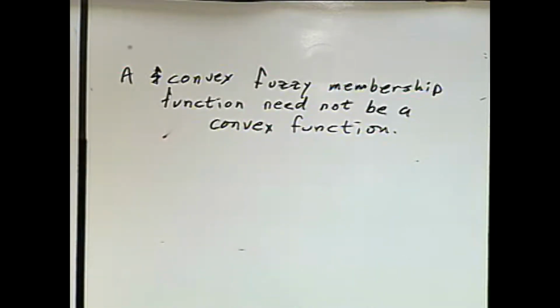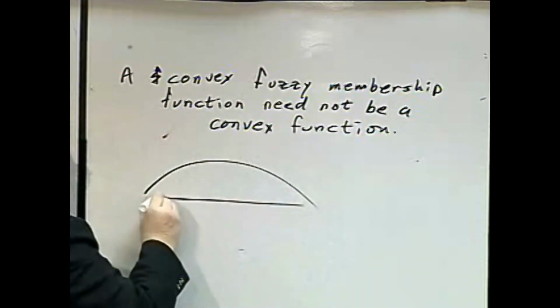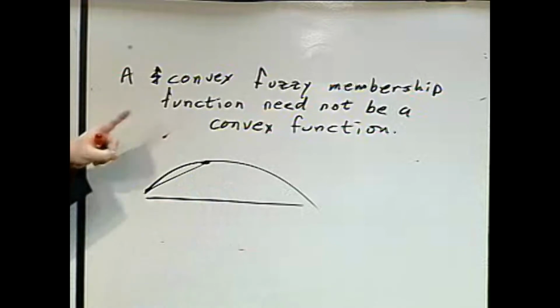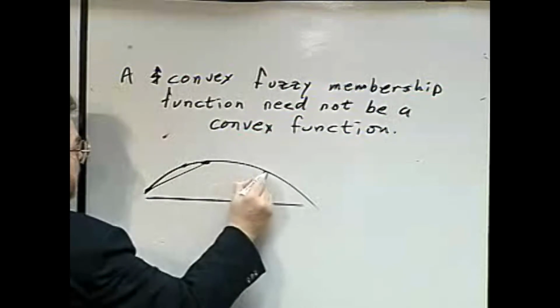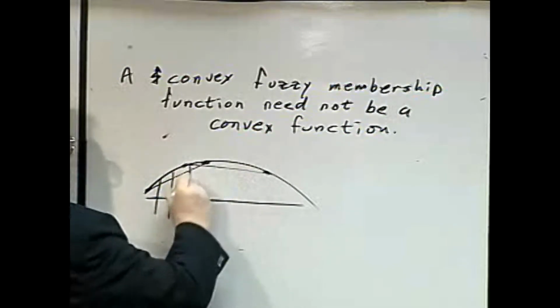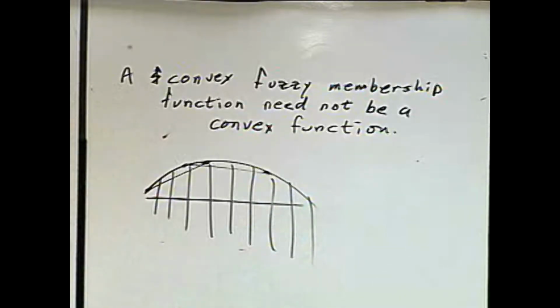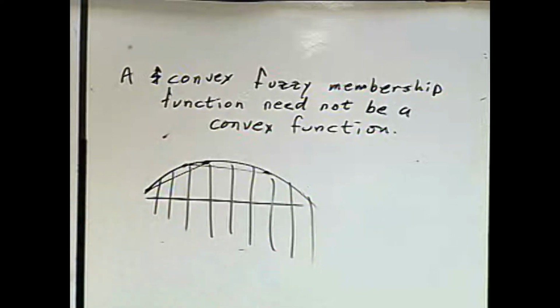The converse is true. It turns out all convex functions, if properly normalized, correspond to fuzzy convex functions, but the converse isn't true. Now, a convex function, for our purposes, will be any function that you draw, and if you choose any points on the function, the entire line lies below the function itself. This would be a convex function, okay? It's kind of like all of the points below the line itself form a convex set. So any 2 points that you choose, even on the surface, all of the line segments connecting those points will totally be subsumed in the set.